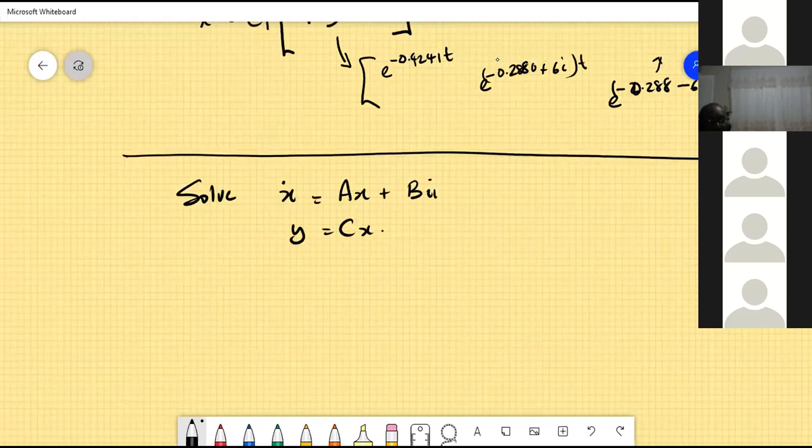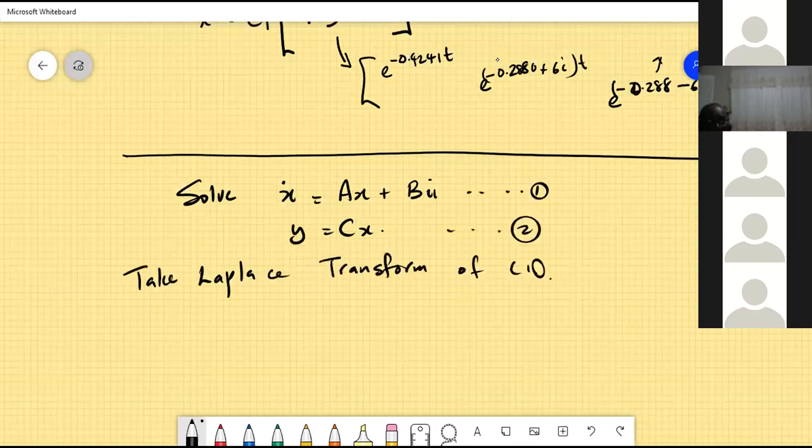So if we take the Laplace transform, then this x that is a derivative, when we take it, is going to have an s. s represents the first derivative.